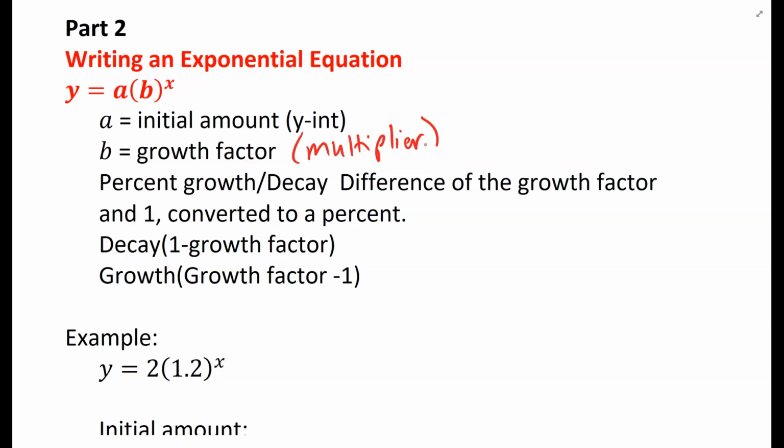And if we have a growth, we want to take our growth factor minus 1 and find the difference to find our percent of increase or percent of growth. Remember, we talked about the growth or the b value always being positive, but we need our percent of growth or decay to always be positive.